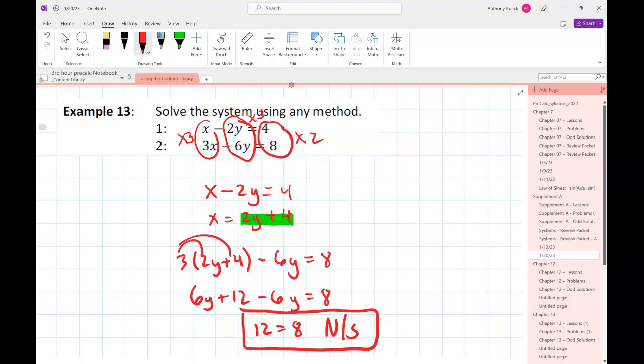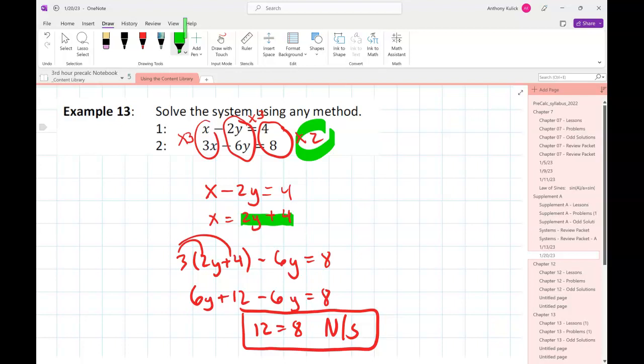But to go from 4 to 8, I'd have to multiply by 2. Because this one is different, the left-hand side is a factor of 3, but the right-hand side is a factor of 2. That tells me right away that this is going to have no solution. I could notice that without actually having to do the problem.